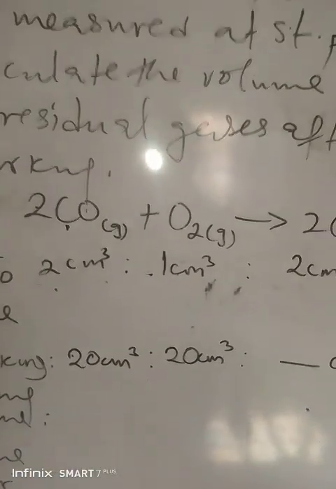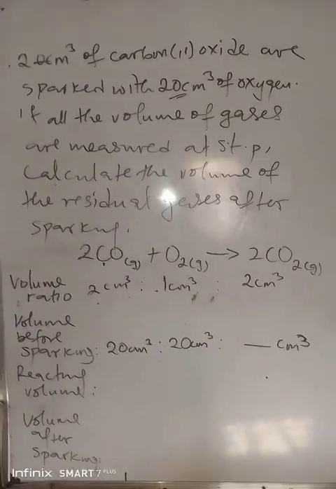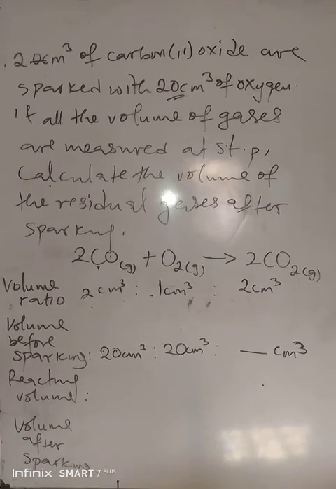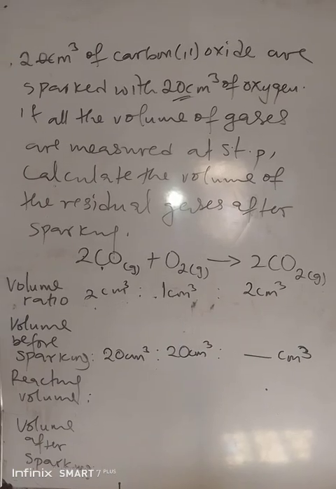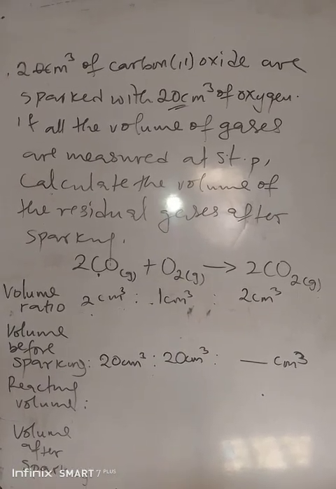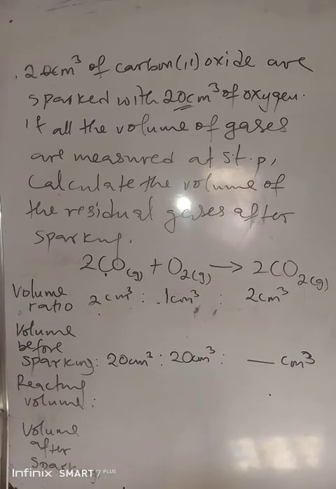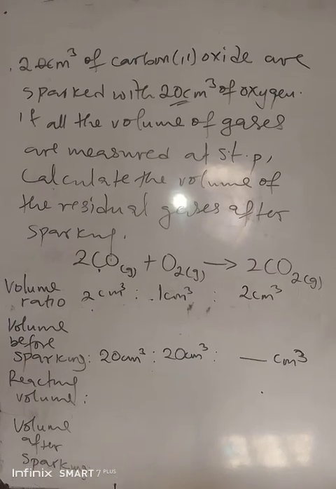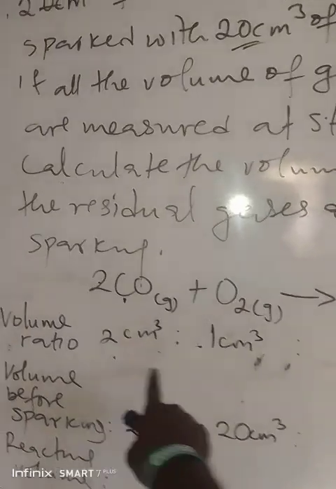It doesn't conform. It's just like in your house. I've always been saying it. If you are CO, and your brother is O2, there's a law that whatever is shared in the house, you must collect 2 times whatever your brother will collect. That is this ratio, 2:1.